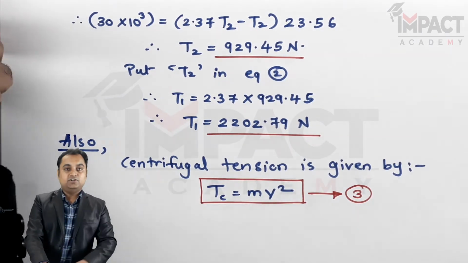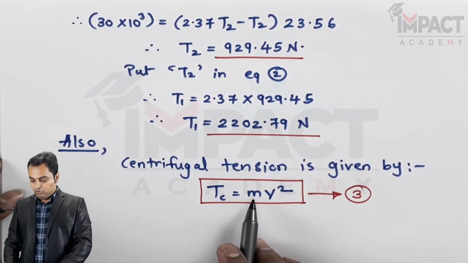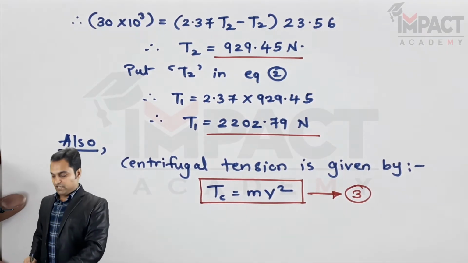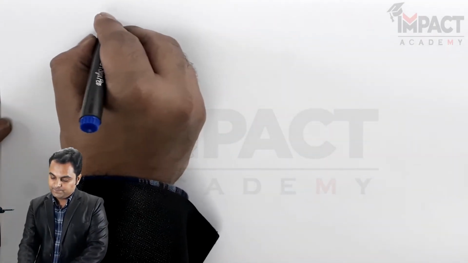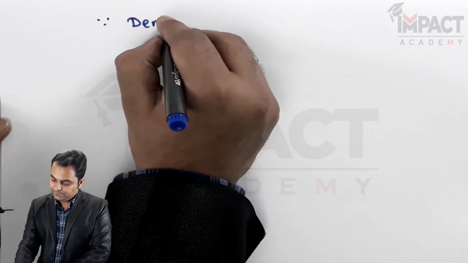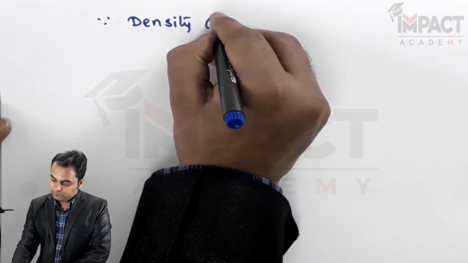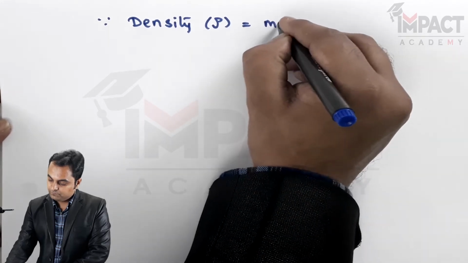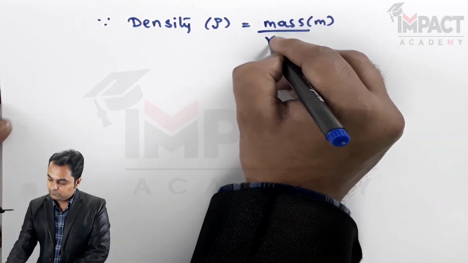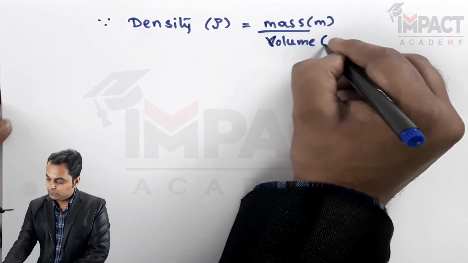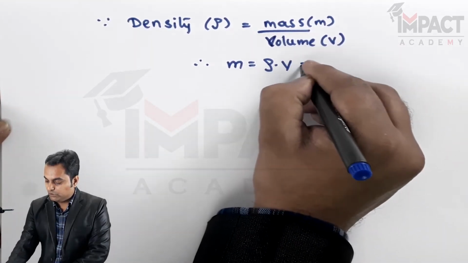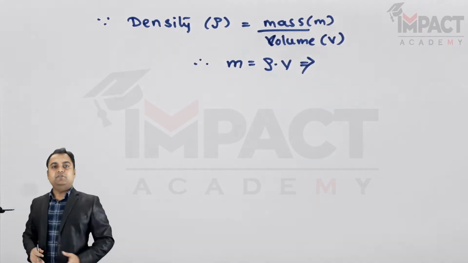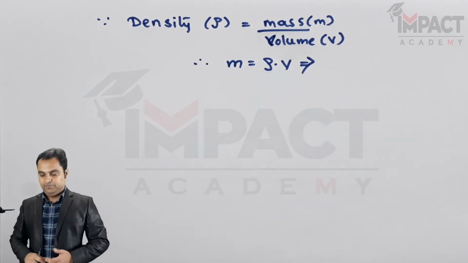Keeping this as the third equation, now I'll go for finding the mass, and for that I'm going to use the concept that density is equal to mass upon volume, so therefore mass will be density into volume. Now the density would be of the belt and even the volume will be of the belt.